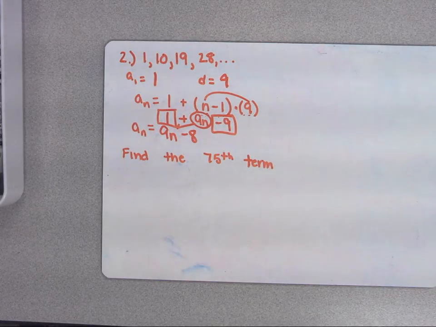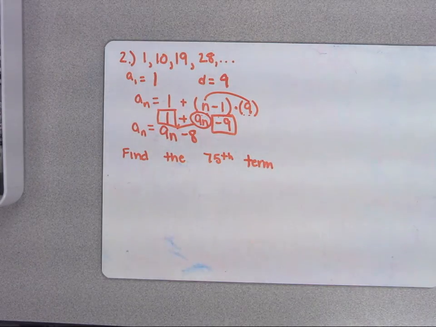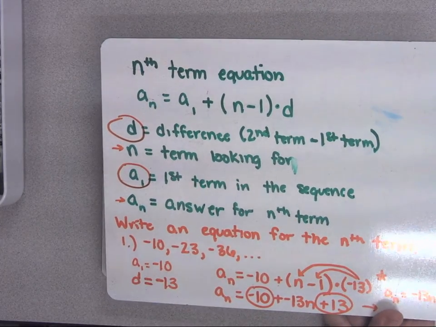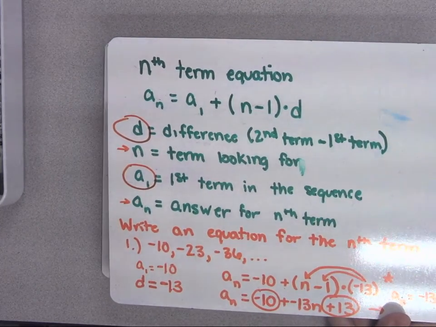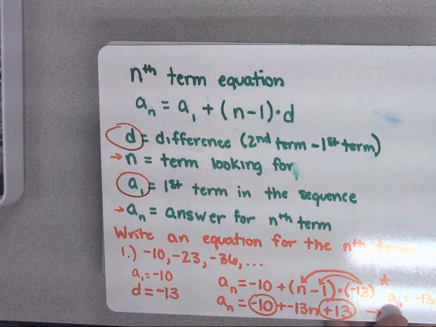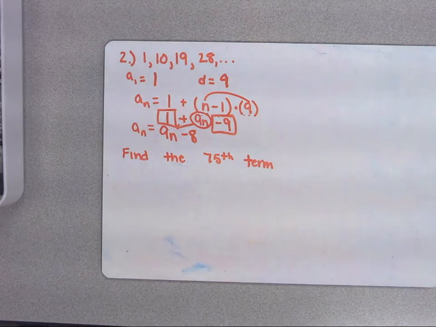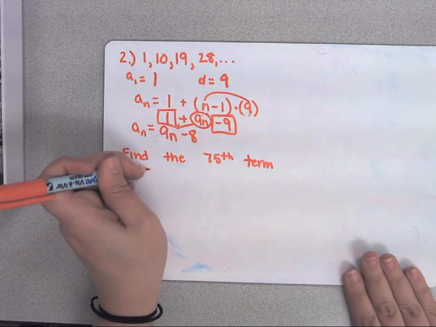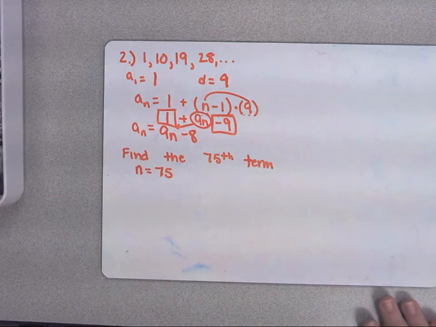This goes with the last problem. What do you think 75 represents in all the letters in the equation? There are only two we didn't use, n and a sub n. It's n. Whatever term you're looking for, that means n equals 75.